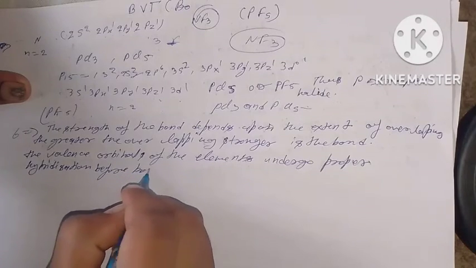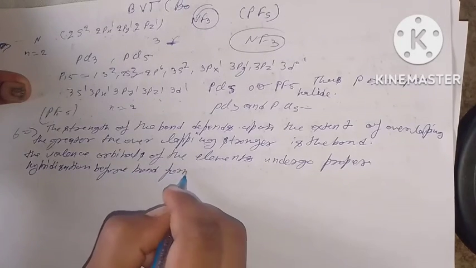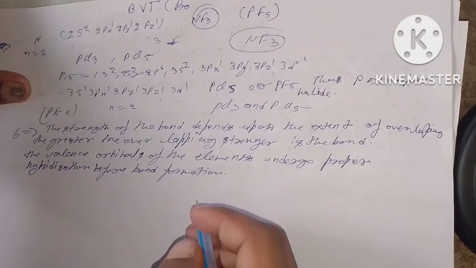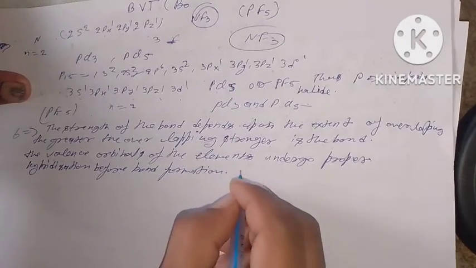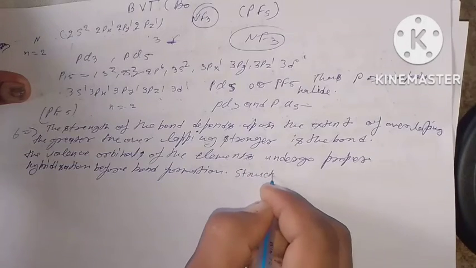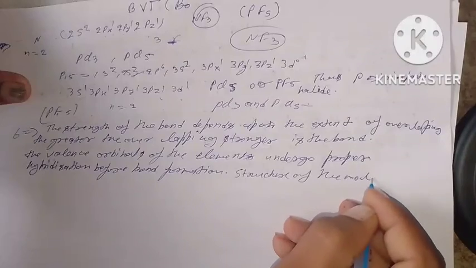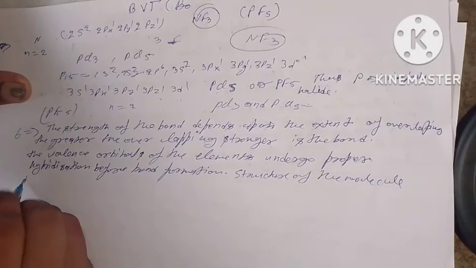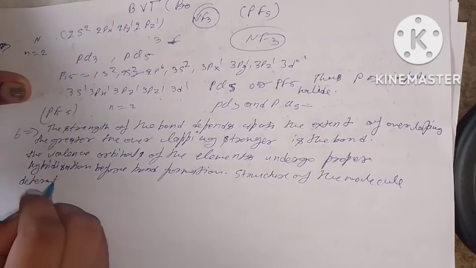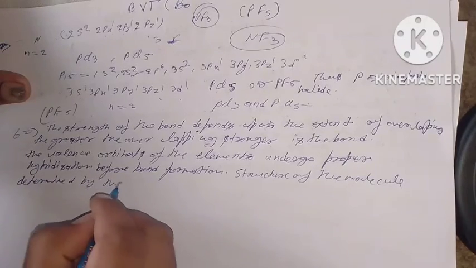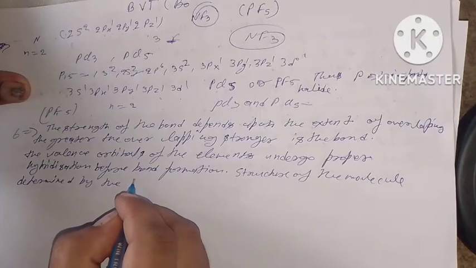The structure of the molecule is determined by the type of hybridization.